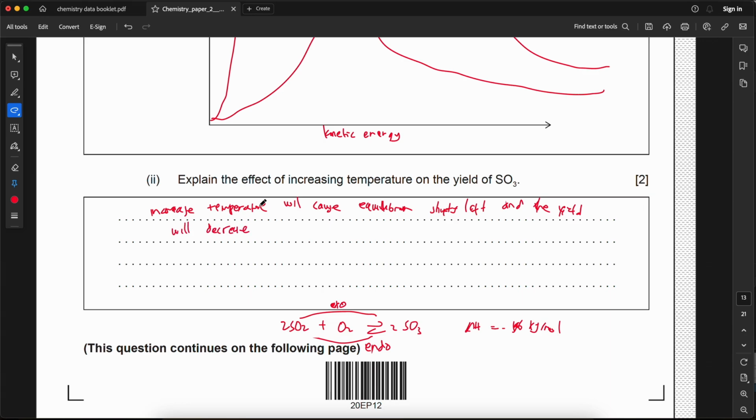Okay, because this reaction is exothermic, when we increase the temperature, it absorbs the energy and it will favor the endothermic reaction. So when it favors the endothermic reaction, it will reverse, right? So the equilibrium will shift to the left.